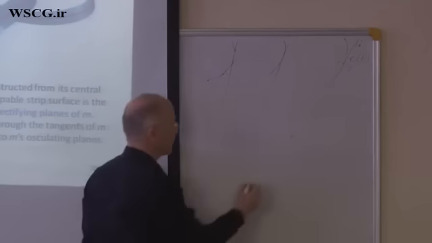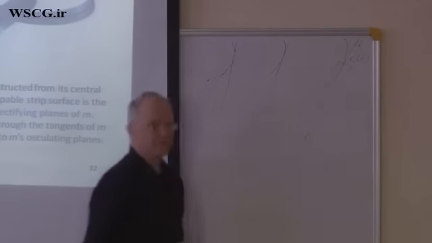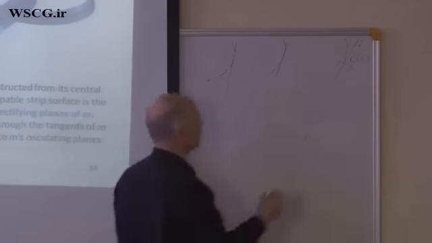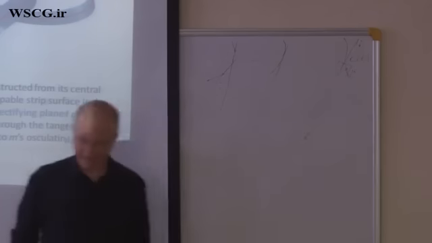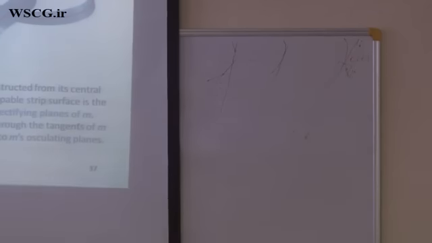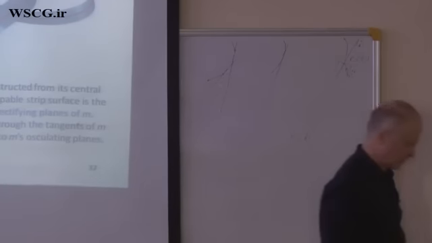And you can then take the second derivative, c double dot. And this will turn out to be a vector which lies in this plane. So let's say here is this vector c double dot, and it lies in this plane. So the osculating plane is this plane which is spanned by the first two derivative vectors, by the first and the second derivative vector in the parametrization of a curve.